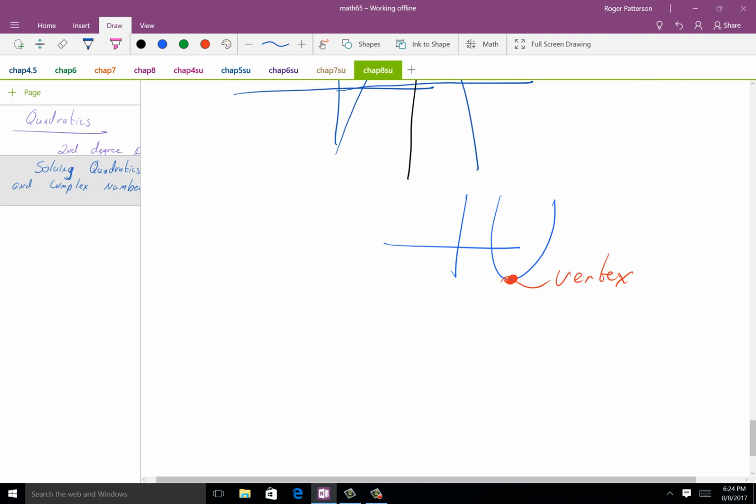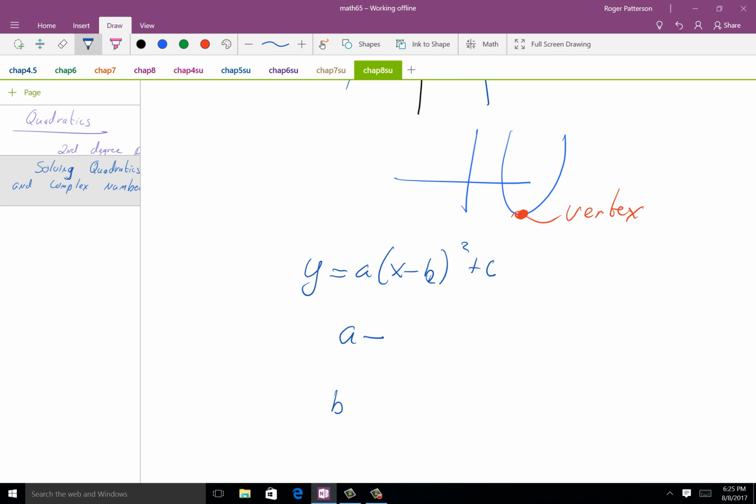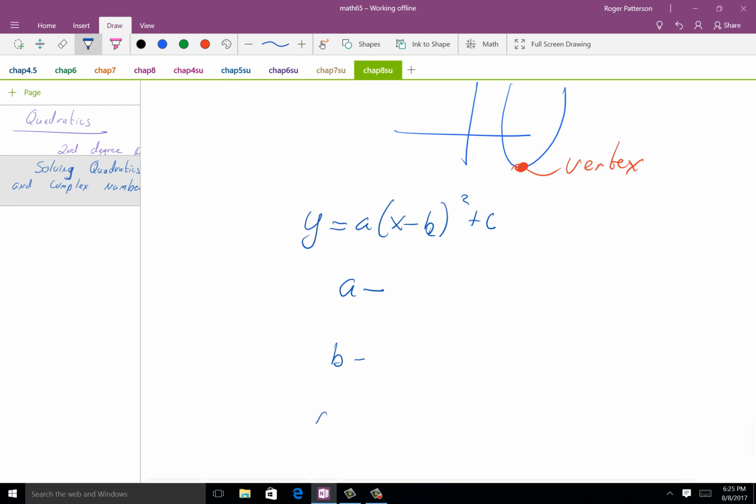And what we found out is that this A, B, and C have an effect on the graph. Okay. Now, understand that this doesn't look like probably too many other parabolas or quadratics that you've seen.